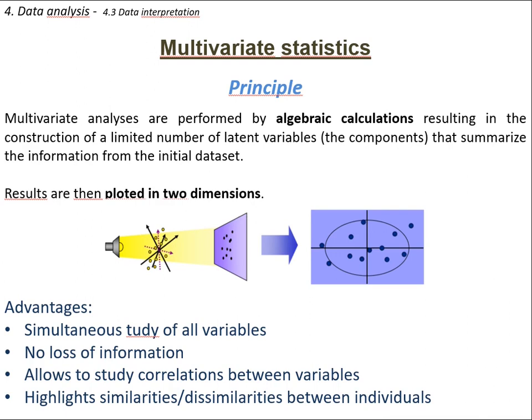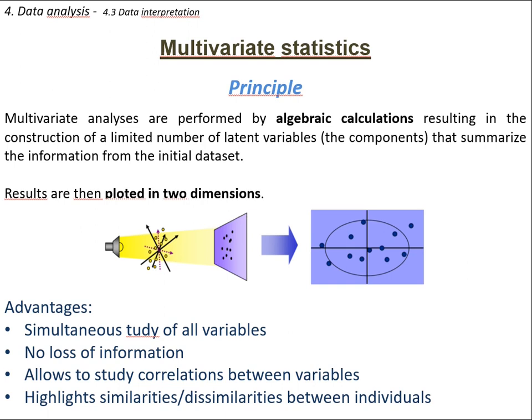So multivariate statistics are performed by algebraic calculation that results in the construction of what we call latent variables, the components. And these variables are synthetic variables. They are combinations of the initial variables, the metabolites, in a way that they will summarize the information from the dataset.